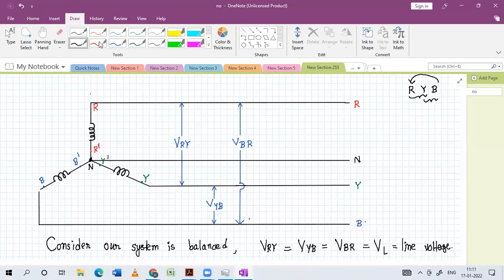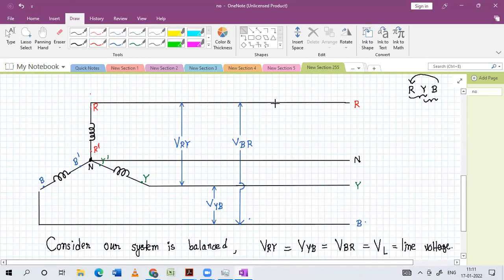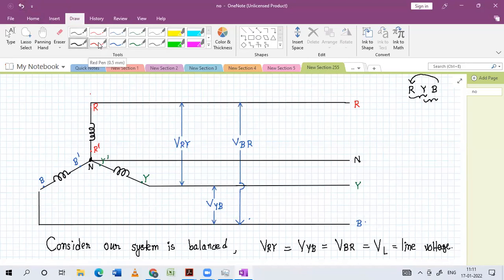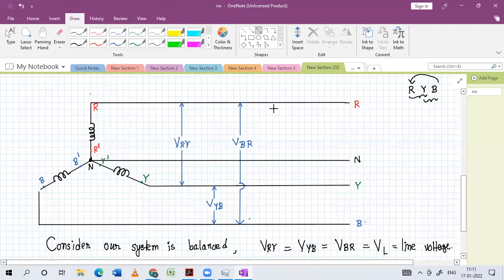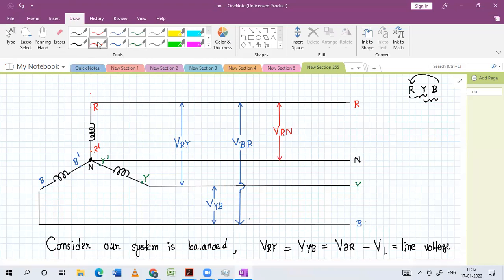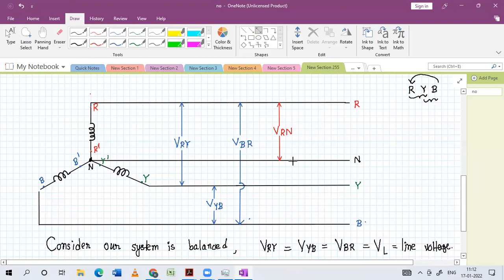Consider here, I will draw one line. This red arrow is drawn between the R phase and neutral, so it is called a phase voltage, VRN. In the same way, I will draw another line between Y and neutral, and another between B and neutral.